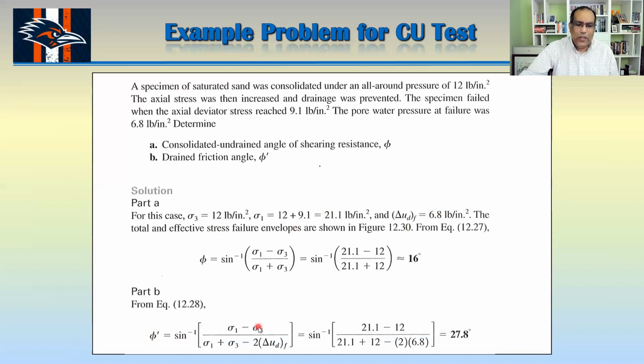They tried to do that at the same time, rather than finding the sigma 1 prime and sigma 3 prime separately. But you can do it separately and then plug that into the formula, and you can find your drained phi prime, or your effective phi prime, which is actually 27.8.